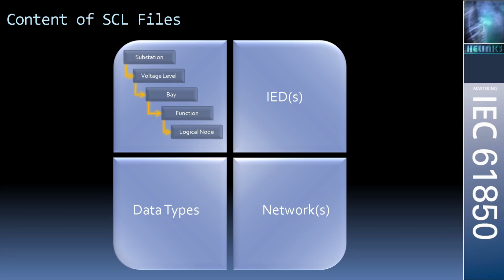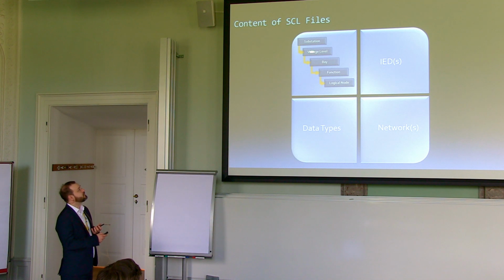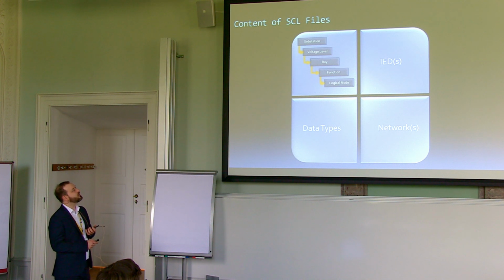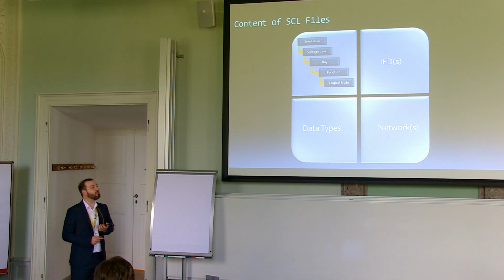In here, I'm just showing the part for the substation. We have a hierarchical structure that many of you will recognize, which is a functional decomposition of the substation. In here, we'll have the physical fields, and within bays, we find functions and logical nodes as data containers or sub-functions of this.